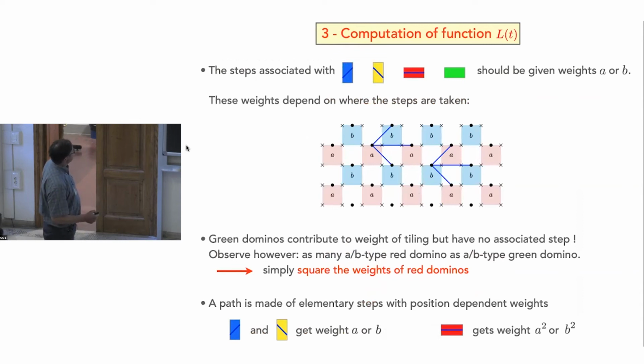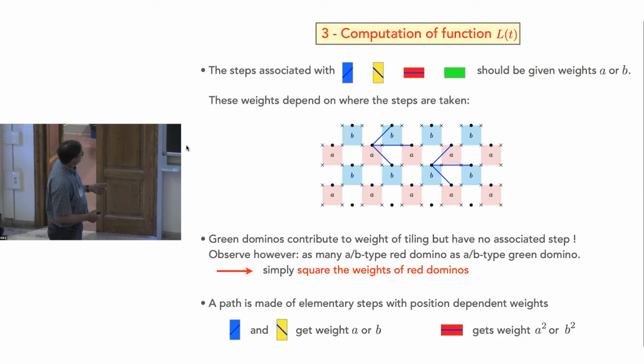Now, that's not such a big deal. We know that the four varieties of dominoes get weight A or B depending on their positions. And at least these first three are associated to an elementary step. So the weight of the dominoes will depend on their position, and therefore the weight of the steps will depend on where the step is taken. And here are two examples.